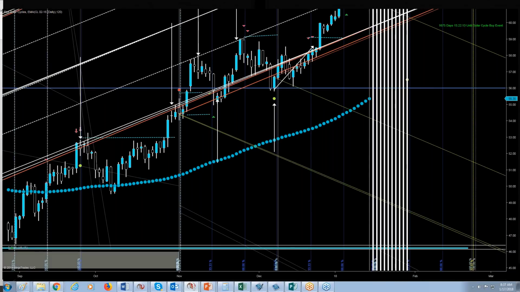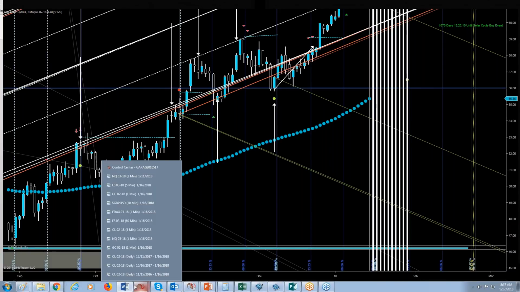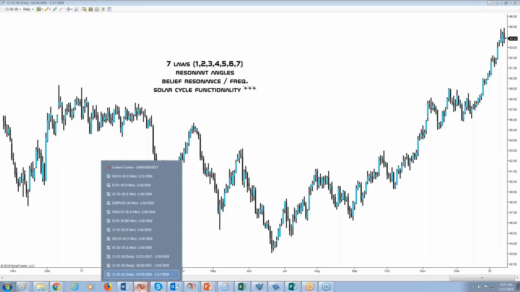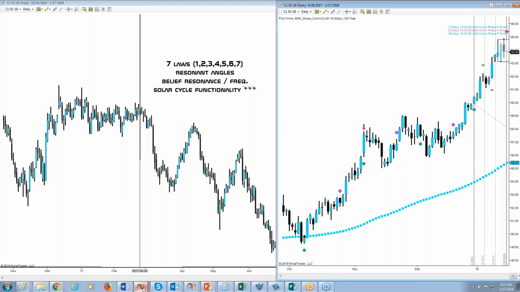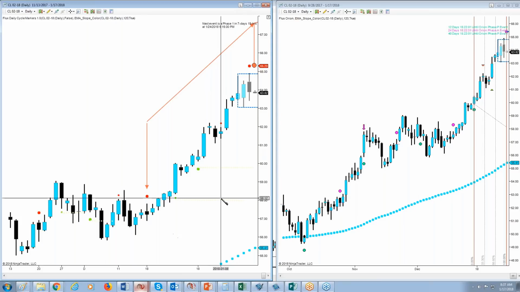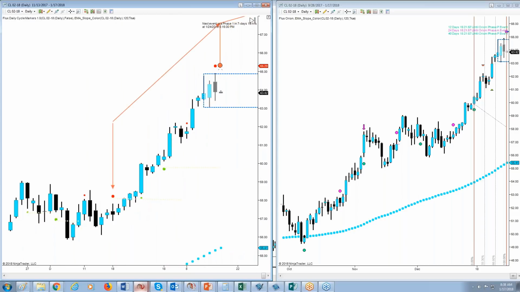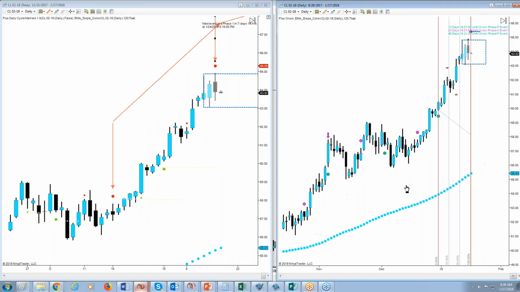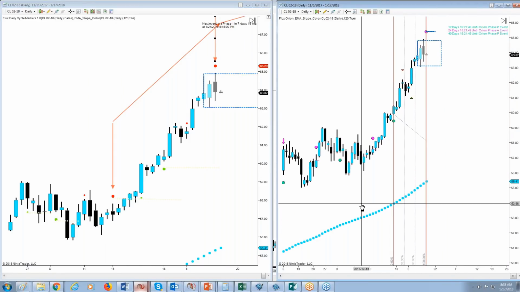If we pull back out to a daily chart, there are two other pieces of information. One using the Flux Daily Cycle Marker, Tacheon Alpha. The other is Tacheon Orion. And can everybody see what's going on?